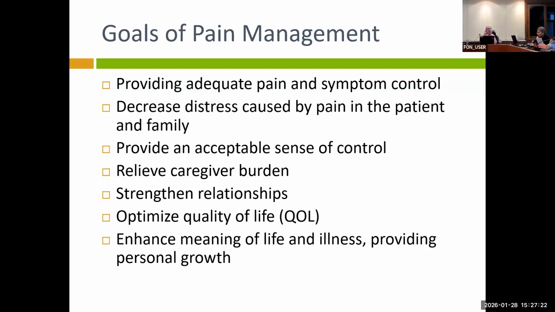Now, I'm going to pause here a little bit and say this doesn't mean zero pain, because it's unrealistic usually to get someone to zero pain. Adequate means that the pain is no longer impacting their life, that they're able to live the life close to the way they want it.